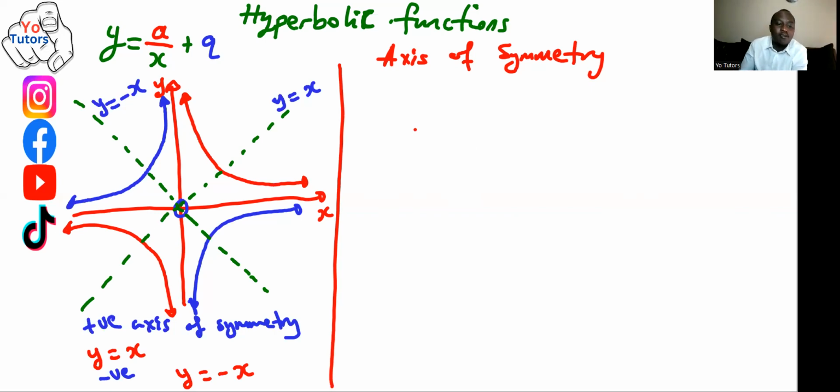Let's now have a new graph here. I'm just going to draw a small one here, where we bring in the q. Let's just say this q is maybe somewhere here. But don't worry about the value of the q.